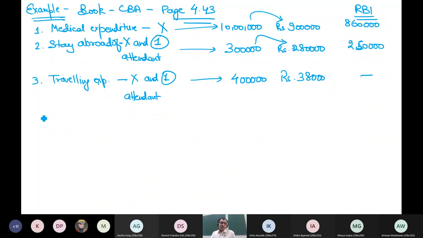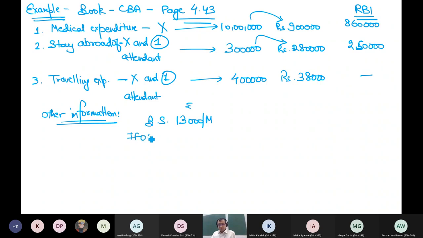Now what other information is given? Basic salary 13,000 per month. Income from other sources 24,100.